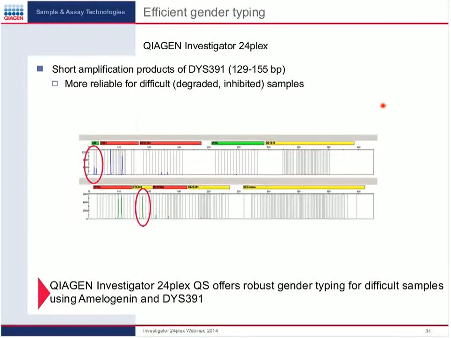For this, the combination of amelogenin and DYS391 is a very good choice. And as we have DYS391 in the mini STR region, you can also perform gender typing with very difficult samples.